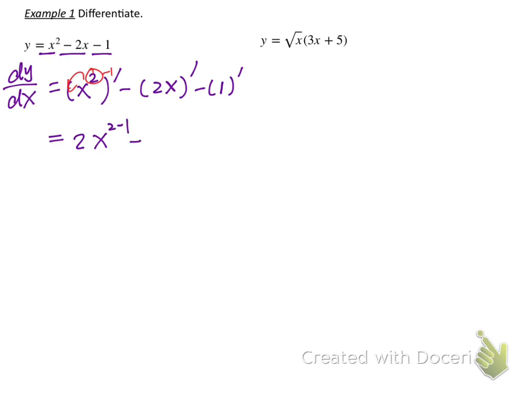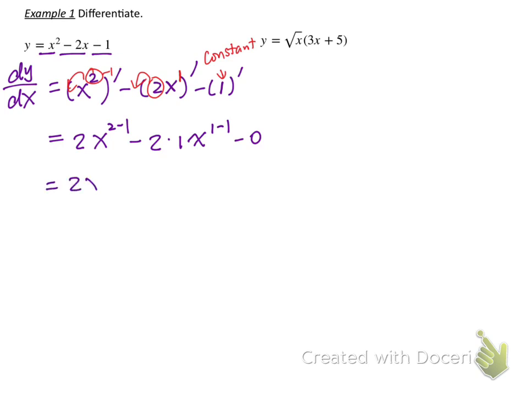Then minus, for 2x, it's a number, so I pull it to the outside, it will be 2 times the x derivative. x is x to the first power, so I'm really getting 1 times x to the 1 minus 1. And finally, 1 is a constant. So the derivative of a constant equals 0.